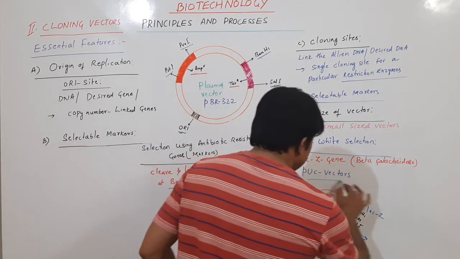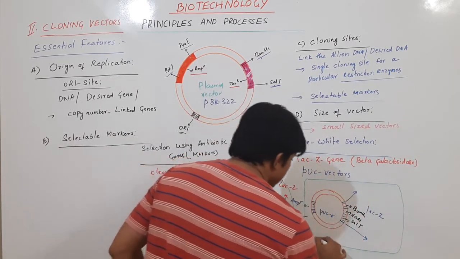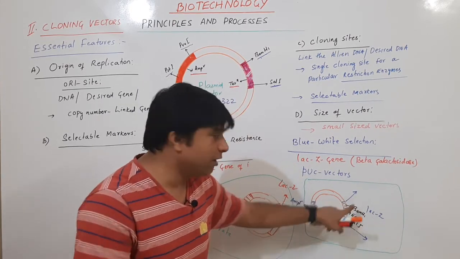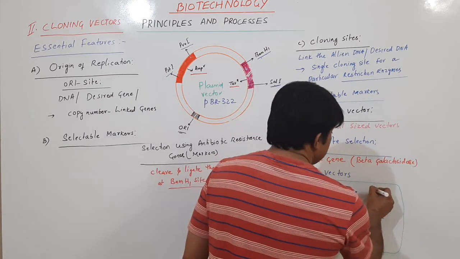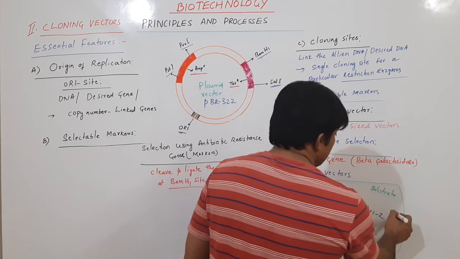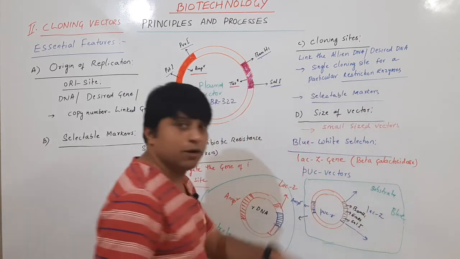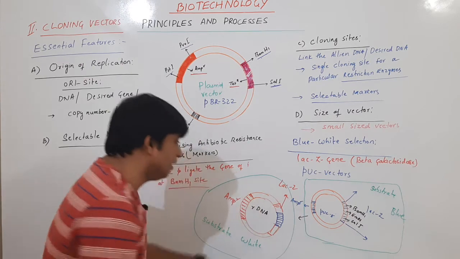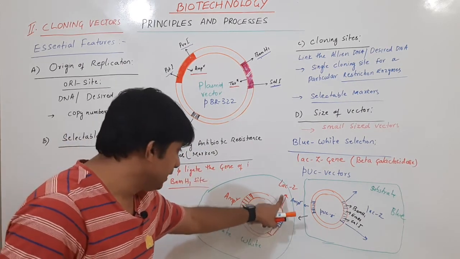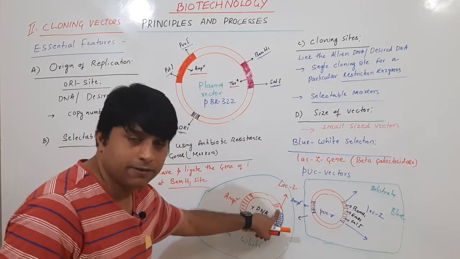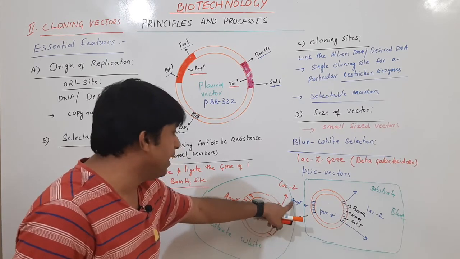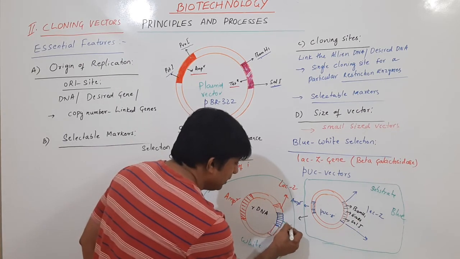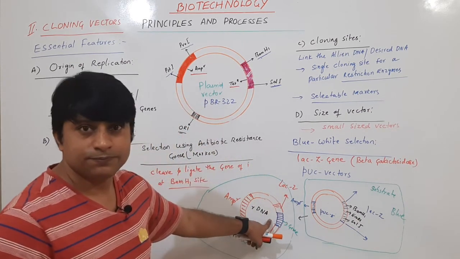Suppose this is the normal pUC8 containing the lacZ gene, which can synthesize beta galactosidase, placed with the substrate molecule, it will produce blue colored colonies. Whereas it cannot produce blue color, it will give white color because its gene, that is the marker, is cleaved by BamHI and we have introduced our desired gene at this location.